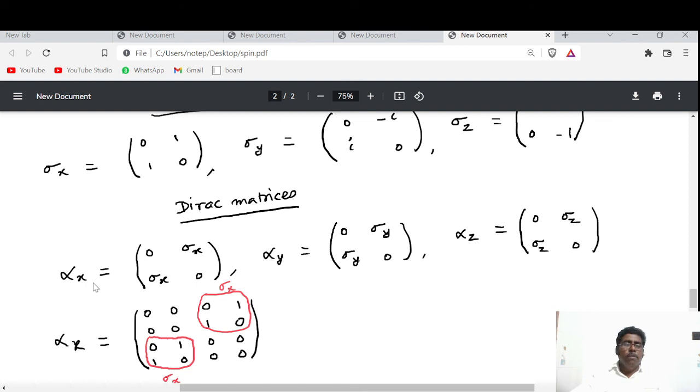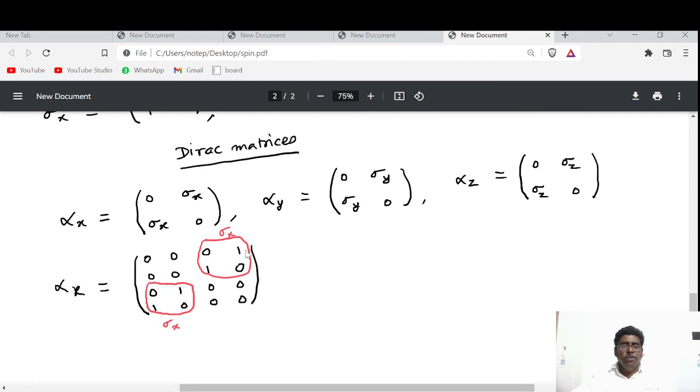Now we have presented alpha x in 2 by 2 form, but actually alpha x is expressed in 4 by 4. This is the alpha x matrix: 0 0 0 1, 0 0 1 0, 0 1 0 0, 1 0 0 0. Now we have reduced this 4 by 4 matrix in terms of 2 by 2 using (0 sigma x, sigma x 0). This compartment is sigma x, this compartment is also sigma x.